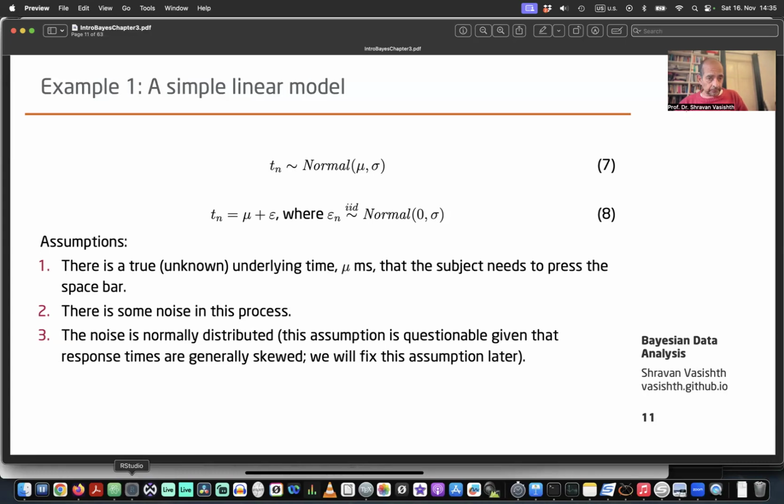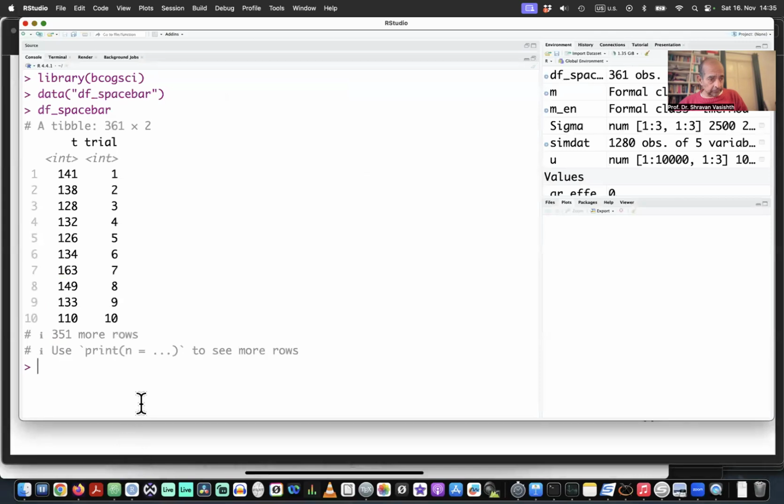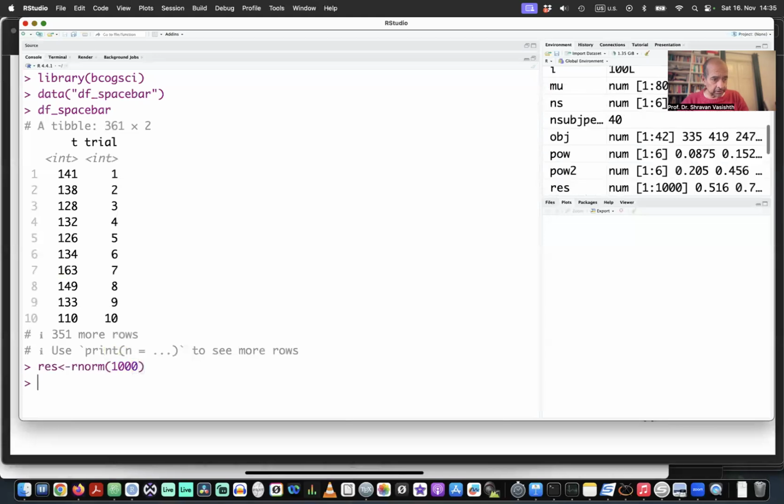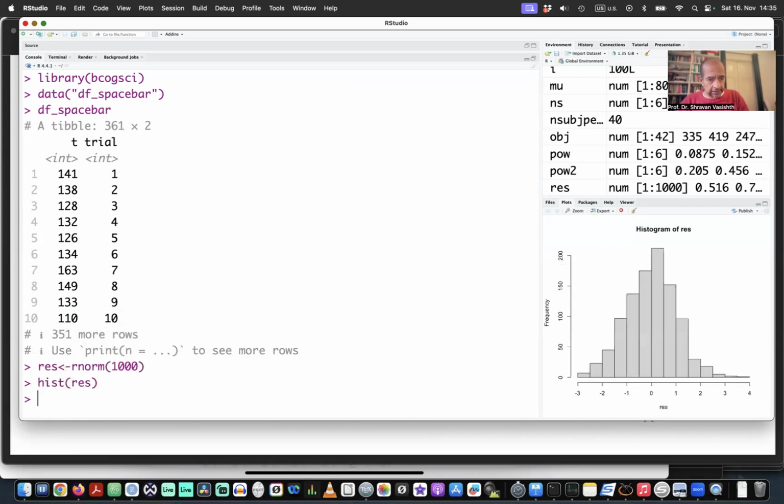For example, let me just generate some residuals using the rnorm function, producing 1,000 residuals. These will have the correct expected shape, right? It's centered on 0 and has some standard deviation. So this would be a typical residual term.